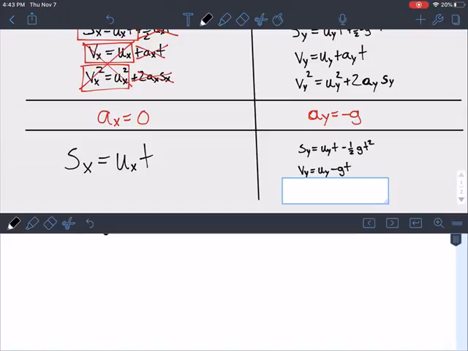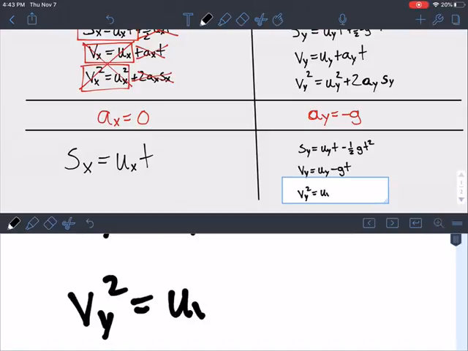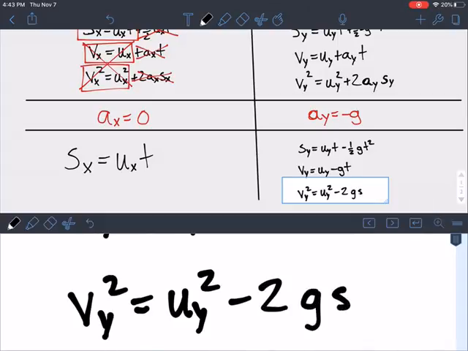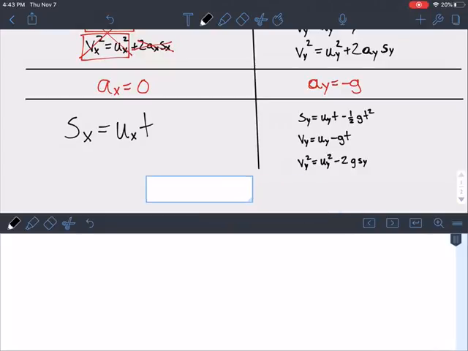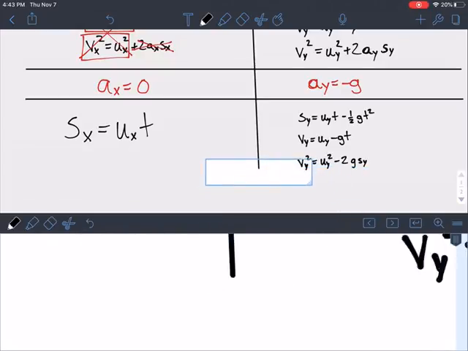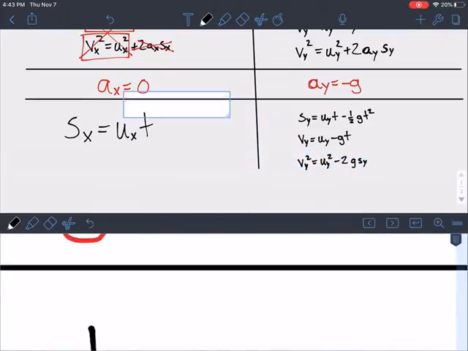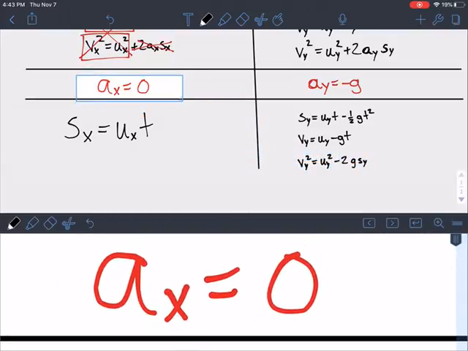And finally, we would have Vy squared equals uy squared, and instead of having plus 2 ay sy, we could just say minus 2 g sy. So, now knowing we have 4 equations. Really, they're not new. We have just now substituted some values that are known.